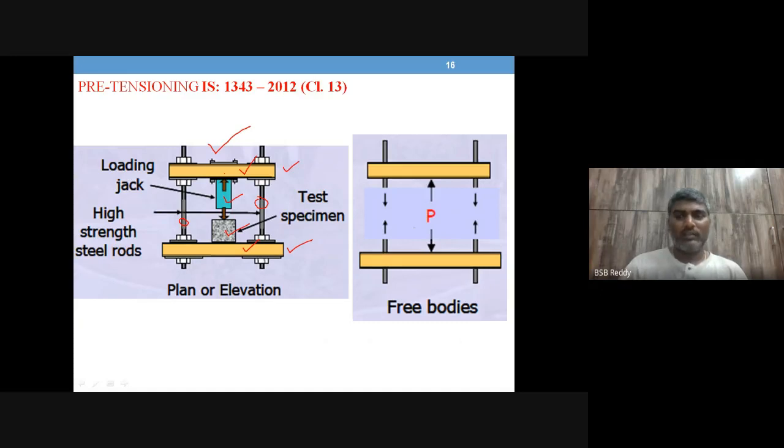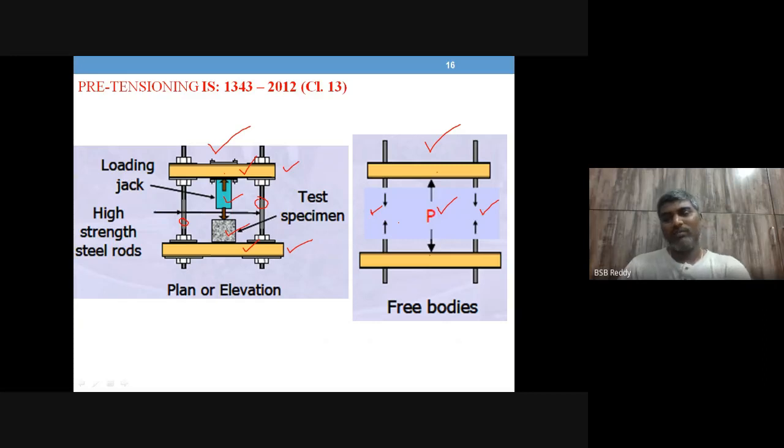Okay. So these are the free body diagrams of the different parts of it. So this is what I call the pre-stressing force applied, whereas the reaction is in the steel rods. Okay, so this is the force applied onto these frames. In turn, they will apply the force on the steel rods.